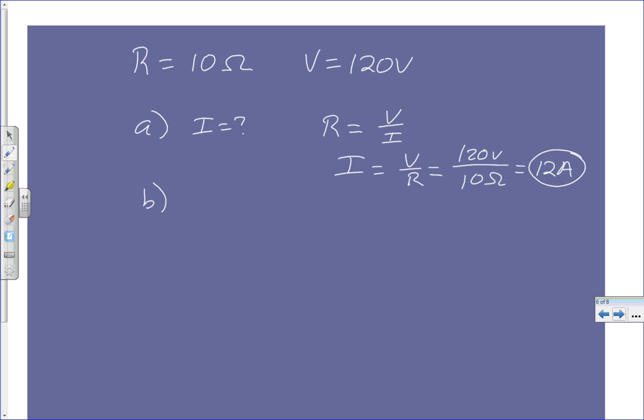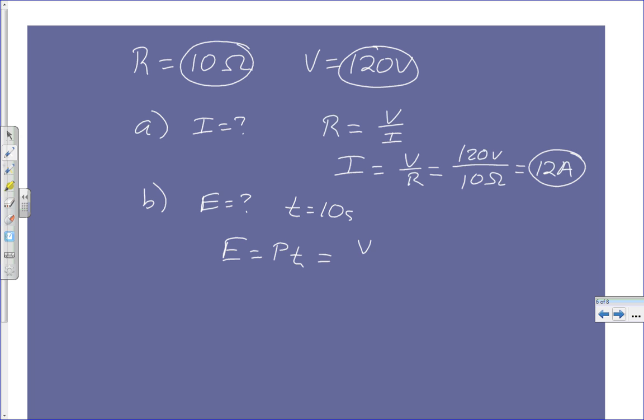Letter B wants to know what thermal energy is supplied by the heater in 10 seconds. So they give us a time of 10 seconds. They want to know how much energy gets transferred. Since we were given the resistance and the voltage, we know that energy is equal to power times time. We would use the equation for power that is V squared over R, since that's what we were given to work with.